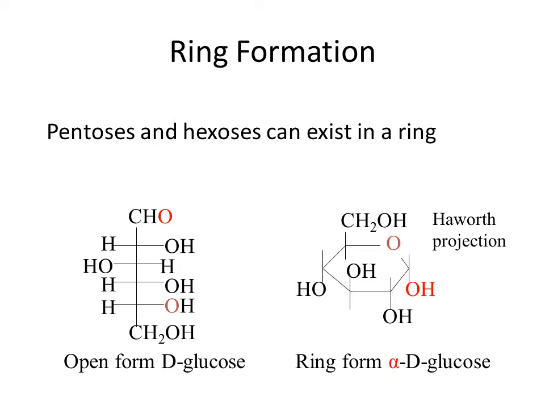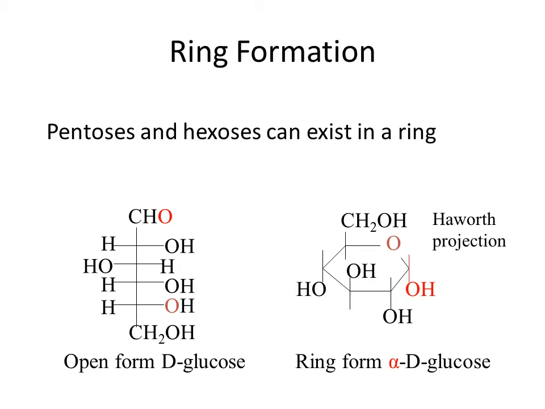So this would be on the number 2 carbon, would be down, then up, and then down. And then what we see up at top is a hydroxymethyl group, which is up, which always happens in the D sugars.